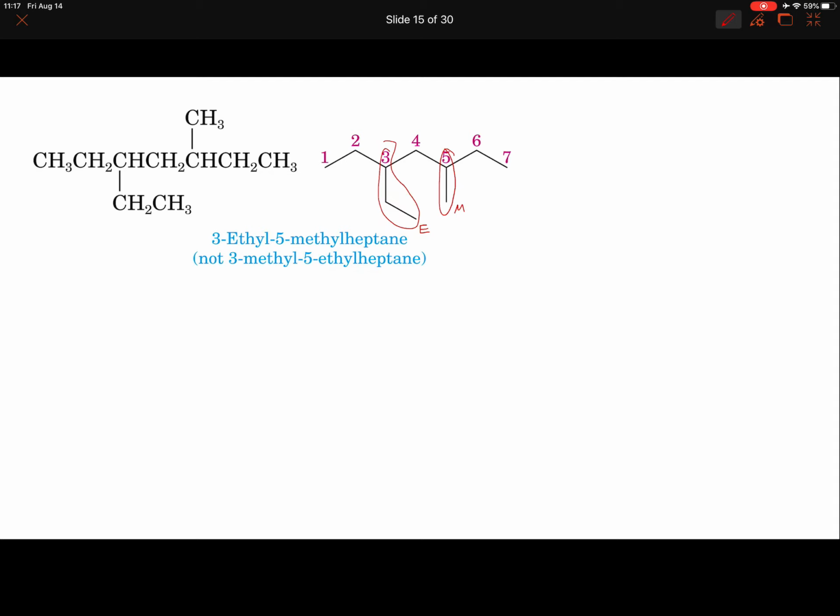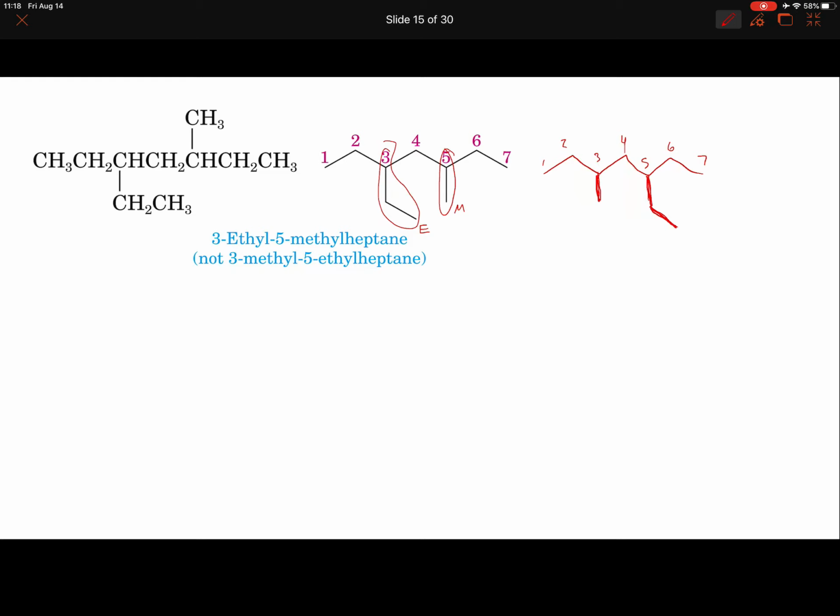So for example, if we had on the 3 a methyl and on the 5 an ethyl, we would still, actually this is the same. 1, 2, 3, 4, 5, 6, 7. Here, no matter what side we number from, we're going to get 3, 5. So the problem with numbering, or the problem with this that some students see, is sometimes you can name something two different ways.